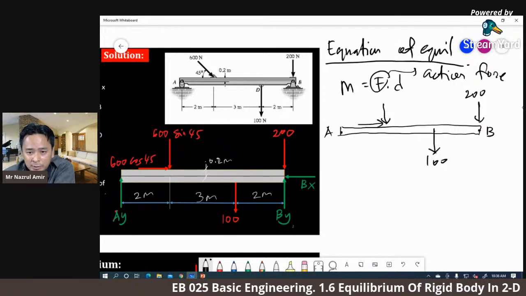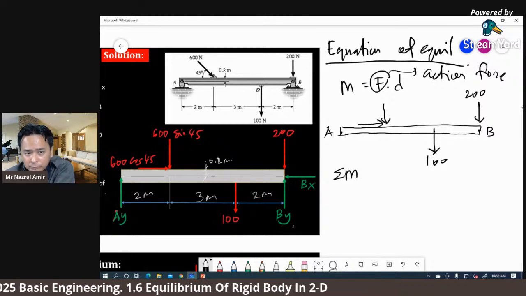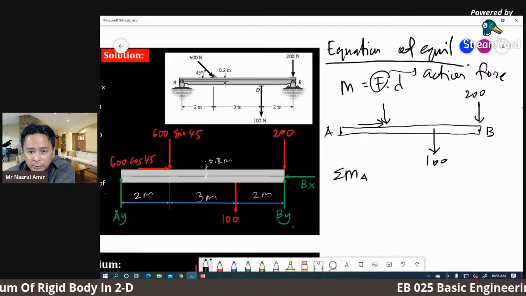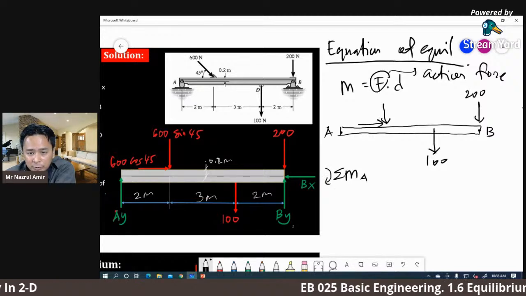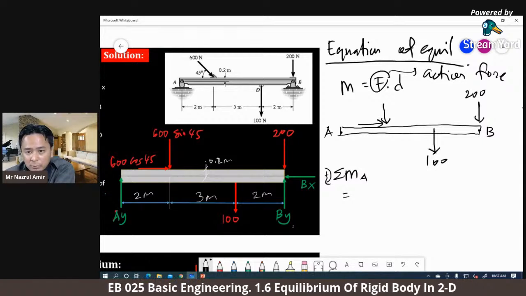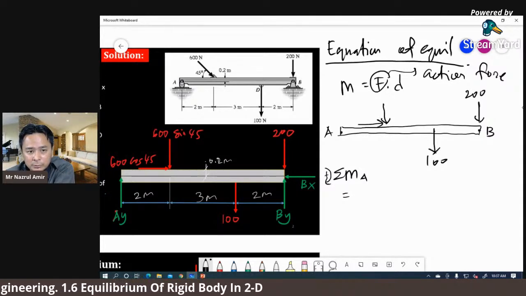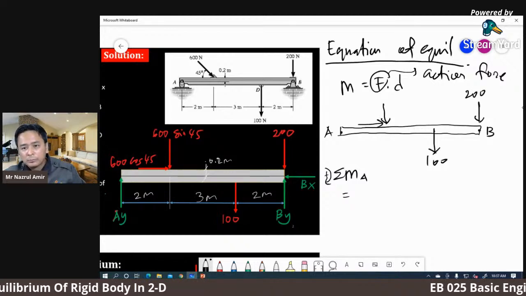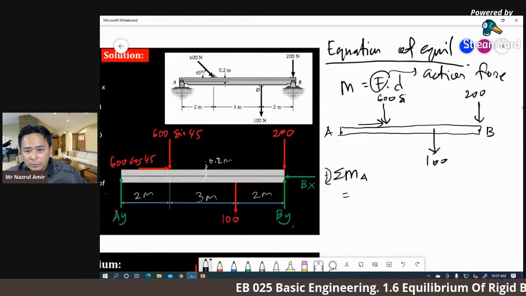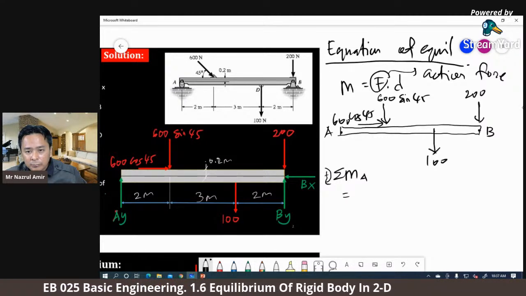Let's say we are summing moment at point A, with the assumption of clockwise positive. Now I will list all the components. So we have this component, this value, this 600 sin 45, 600 cos 45.